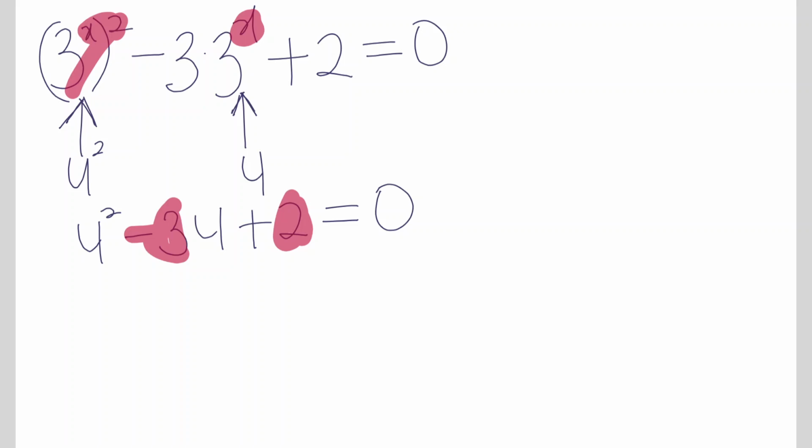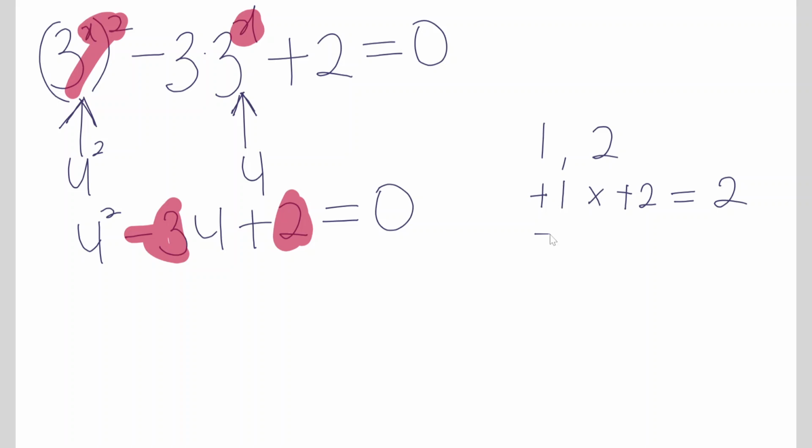Now the factors of 2 are 1 and 2. Now if I have plus 1 multiplying plus 2, definitely we are going to be having 2, which is correct with the product.